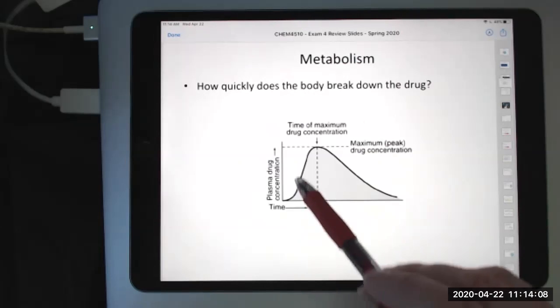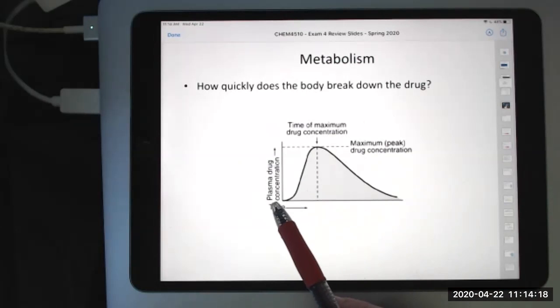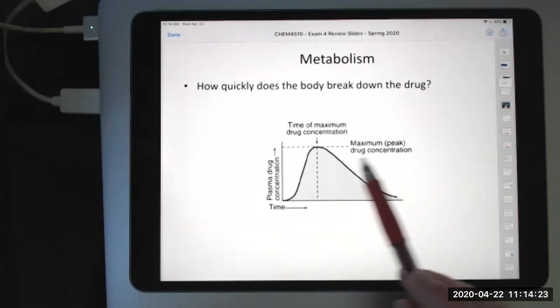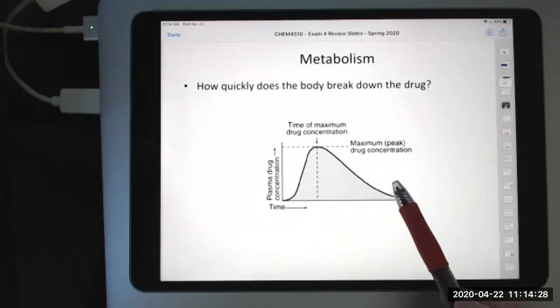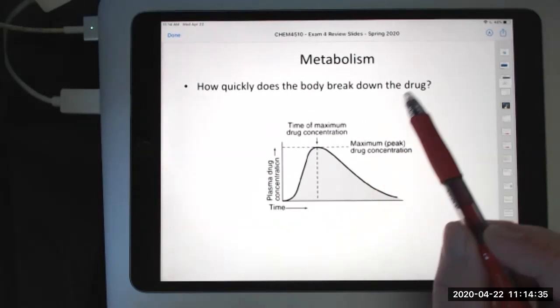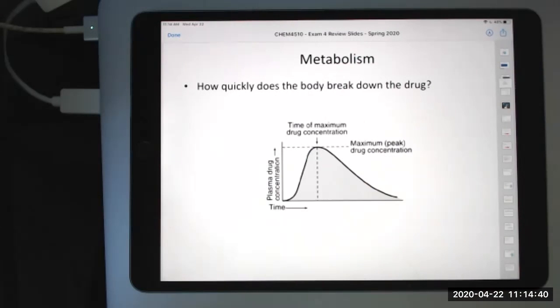The rates of this curve make it such that they can figure out the drug dosing. They assume that this is what happens, and in order to maintain a minimum level, they need to know how quickly your body gets rid of it. So if you inhibit this metabolic process, it'll slow this down, and when you take another dose, you can get up to toxic levels. So you have to be careful with that.